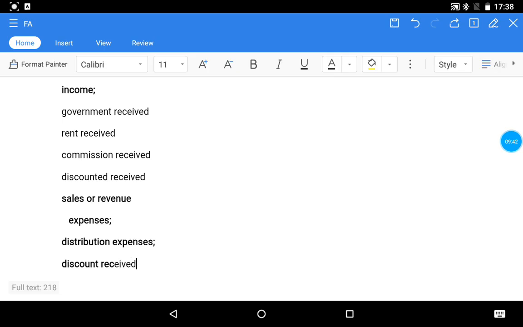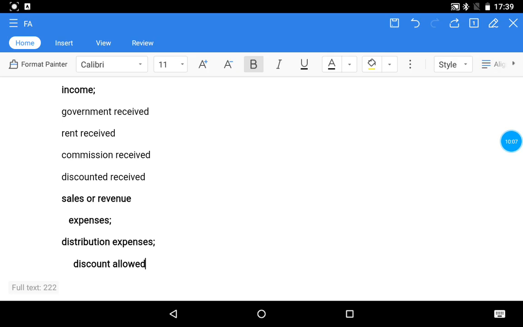Then another one we have is discount allowed. You allow customers to buy your product at a low price compared to what you have been selling.